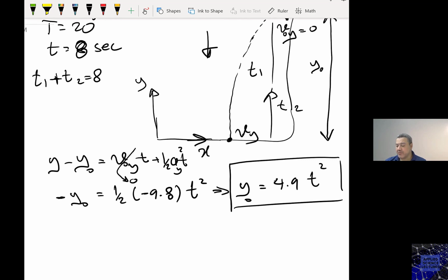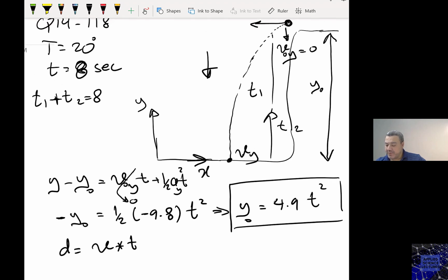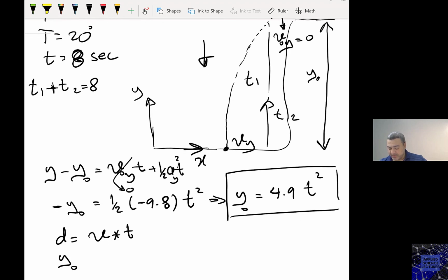Now, from the sound, I know that d equals v times t, where d is the distance, v is the speed of the sound in the medium, and t is the time. The sound is going from the bottom up, which means my d here is y naught. So d is y naught, v is the speed of sound in air, which by default is 340, times T2.